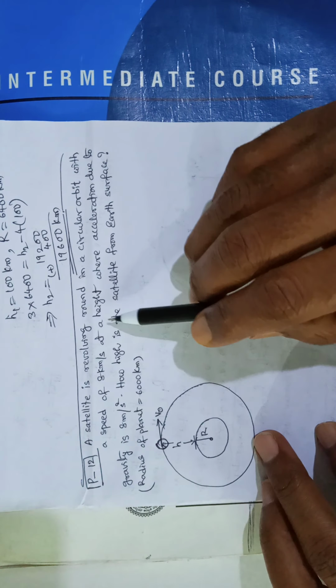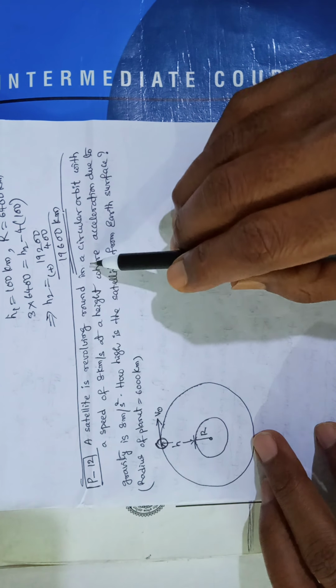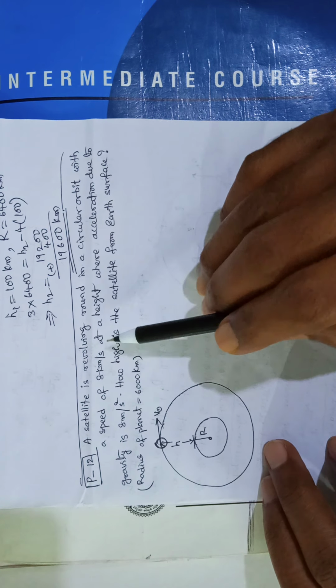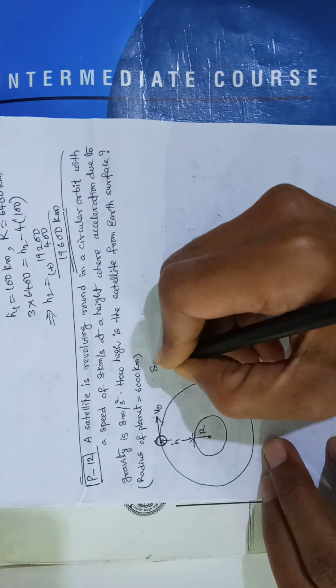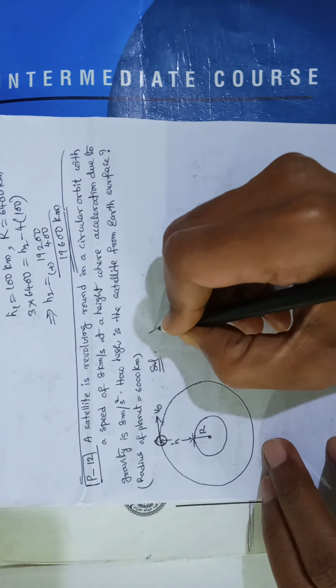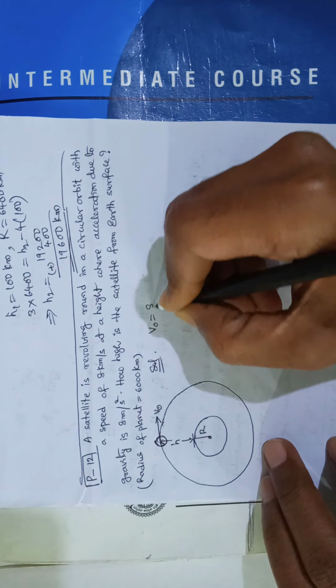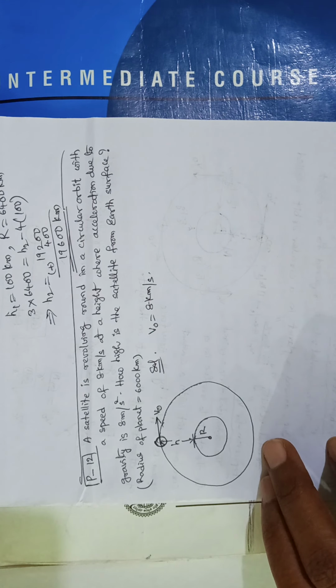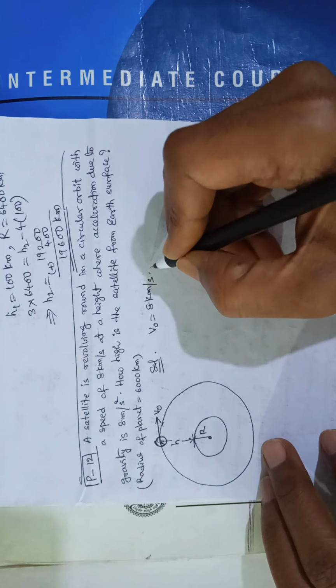A satellite is revolving round in a circular orbit with a speed of 8 km per second. Orbital speed is 8 km per second at a height where acceleration due to gravity is 8 meter per second square.